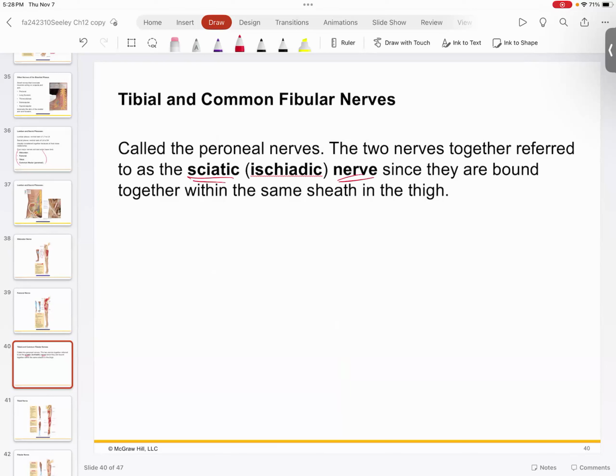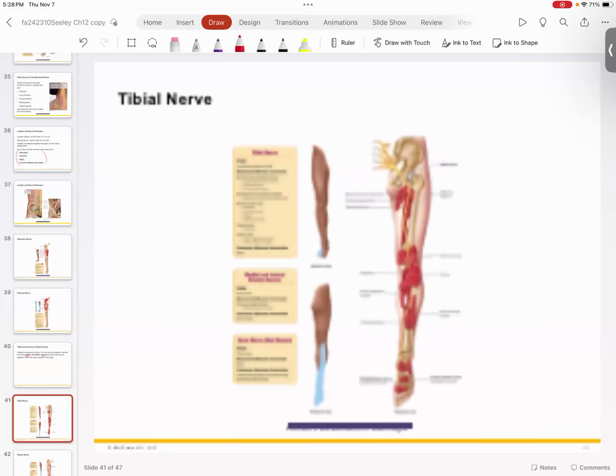Nerve issues can range in their presentation. They can either be painful, or a lot of times what you'll see in a nerve dysfunction is not so much pain as an odd sensation of weakness of the muscle, and it can range a little bit. They're bound together in the same sheath.